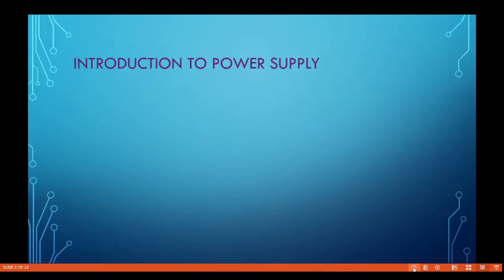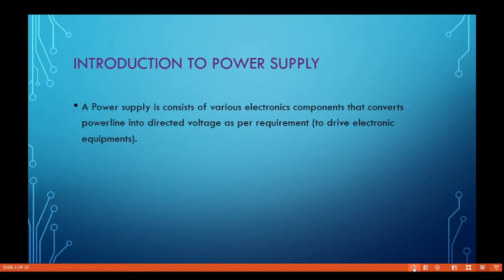As the name suggests, the subject topic is the regulated power supply. A power supply simply consists of various electronic components that convert the power line into a directed voltage as per the requirement. The requirement is that you want to drive some electronic equipment, devices or gadgets that you use in your day-to-day lives.